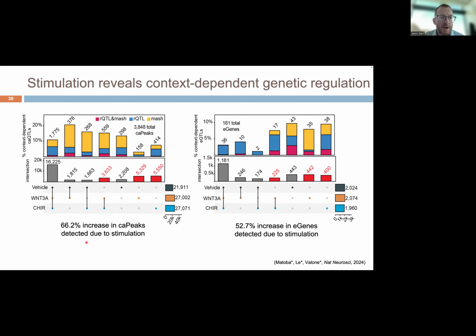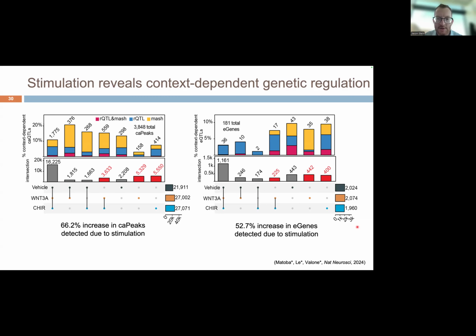And overall, we get an increase in CA peaks, so those peaks that had a genetic variant associated with them. There was a 66% increase in CA peaks detected due to stimulation, and a 50% increase in eGenes detected due to stimulation. So these results show that Wnt stimulation reveals context-dependent genetic effects on gene regulation that were previously undetected in unstimulated cells.